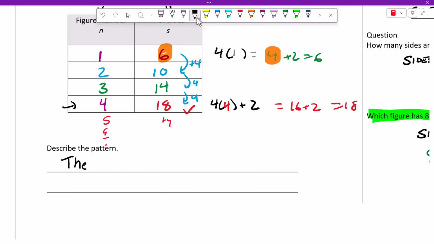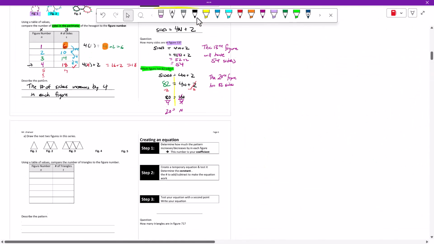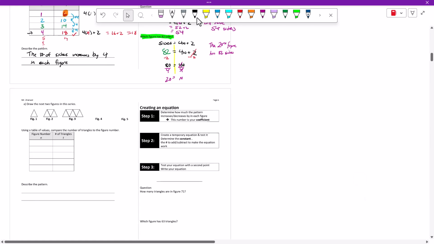The number of sides increases by 4 in each figure. And that's it. So I'll do one more question like this with you, then we'll call it a day, I think. Okay, let's go to the next page.